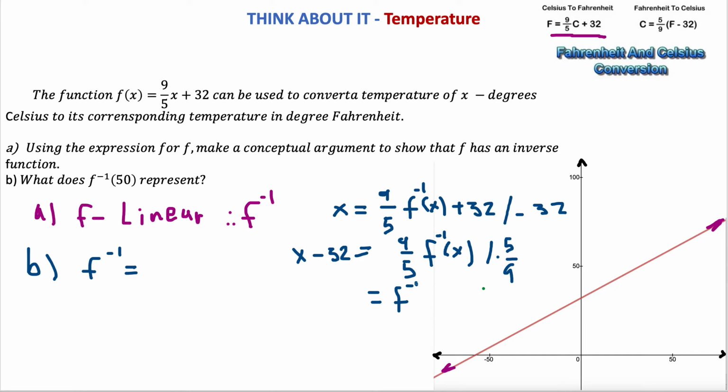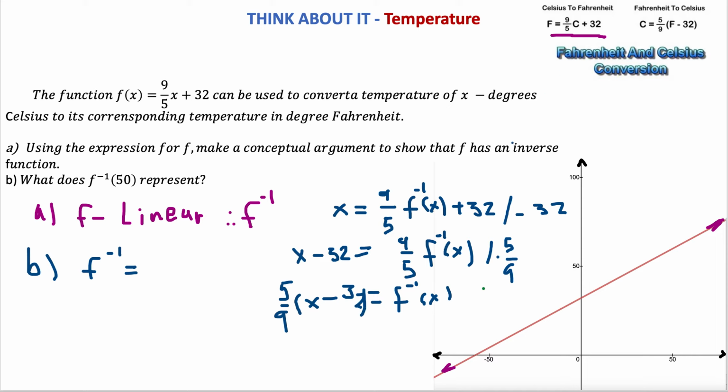But on the left side it is going to be 5/9 times x minus 32. So that's what it's going to be.